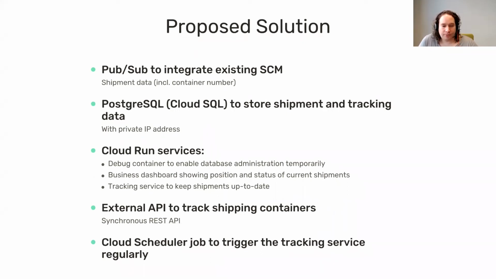And to actually track the containers, there are services to do this. You basically give these services the container number and some shipping company identifier. Sometimes the container number is enough, but typically you need the container number and something to identify the shipping company. And then these APIs are able to give you the position, details about the ship, and also, most importantly, the estimated time of arrival.